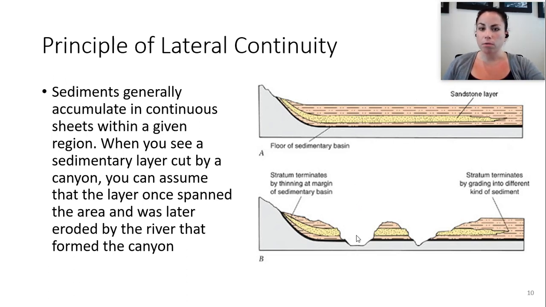But the principle of lateral continuity says the layer that's developed here was deposited at the same time as the layer that is deposited over here, so that we can assume that over time and over a large region, deposition is continuous.